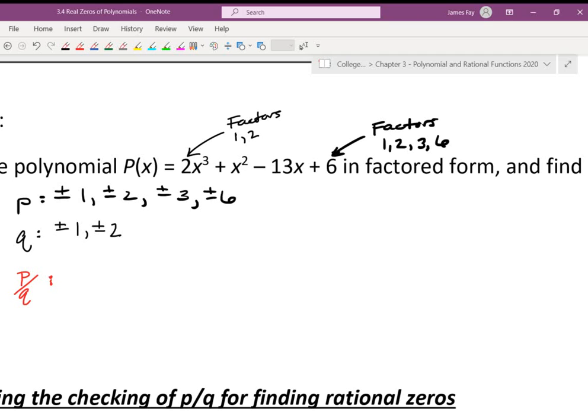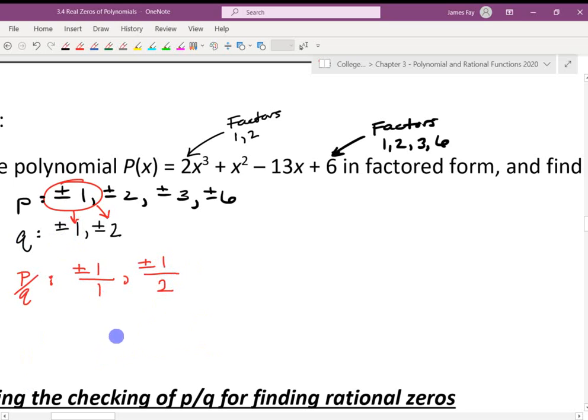So my suggestion is to be very systematic. Take the first P value and write it as the numerator with those 2 Q values: plus or minus 1 over the Q value of 1, and plus or minus 1 over the Q value of 2.